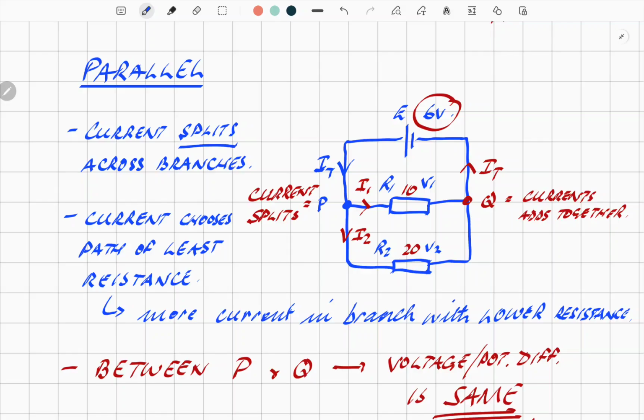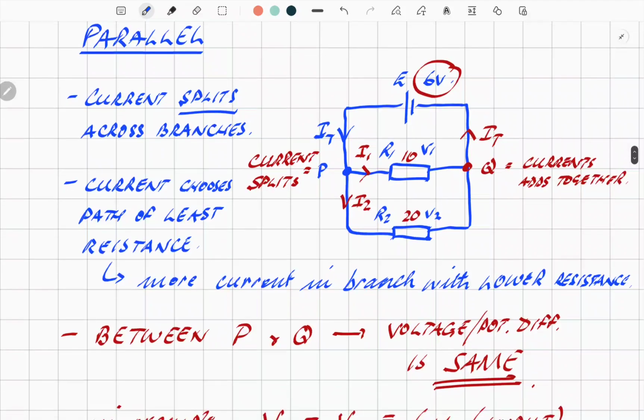And the overall resistance of the whole circuit is lower than whatever the smallest resistor is. And if you add more branches, it'll lower the resistance even more. And the currents in the branches add up to the total current in the circuit.